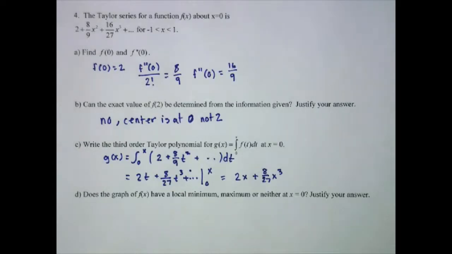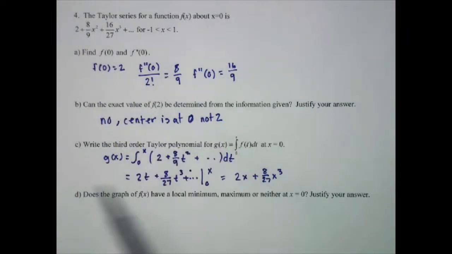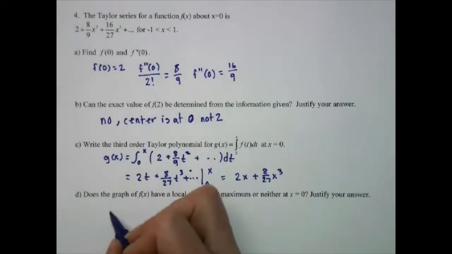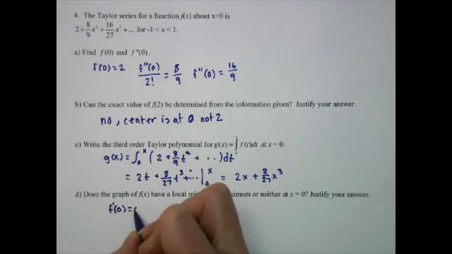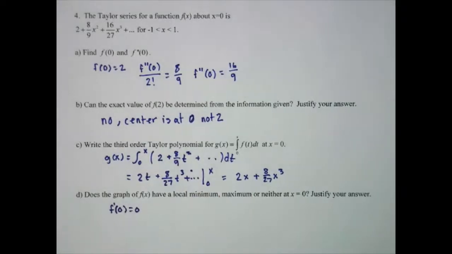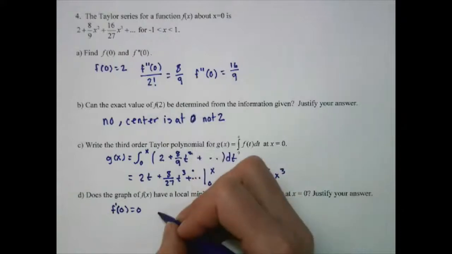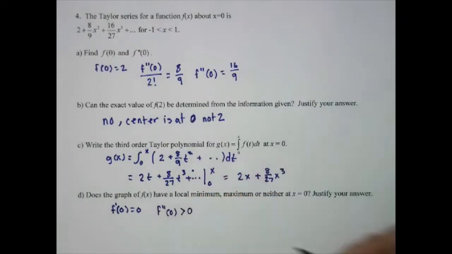The last part of this question says, does the graph have a local min, max, or neither at x equals 0? Well, that is going to be determined by the first and second derivatives. There is no linear term here. So f prime of 0 equals 0, which means there is a critical point. We move to the second derivative. The second derivative at 0 is positive.